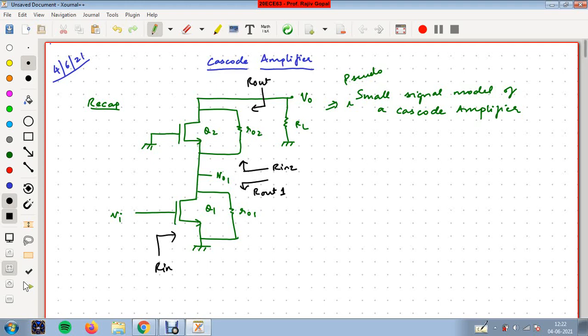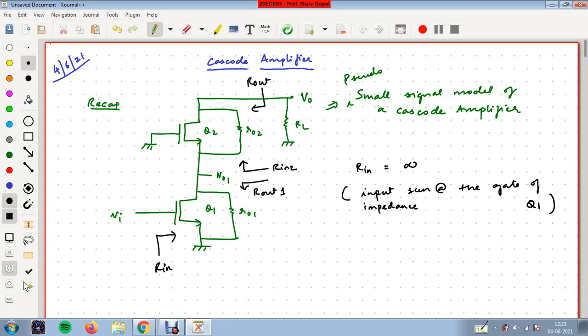We have written that R in is infinite because it is the input impedance seen at the gate of Q1.